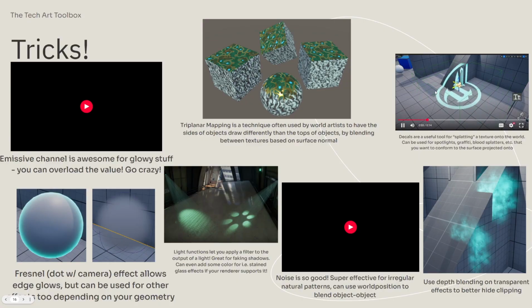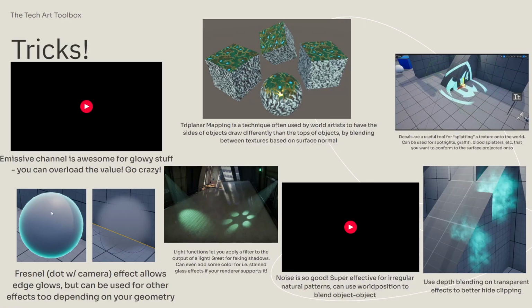This is in the materials section because you can put a material on it, but this could be on its own slide. These are great and very versatile. You can use them for graffiti, but also for fake spotlights. You can use it for blood splatters, bullet holes in walls are typically decals. Other things that you might want projected onto a surface are great for this use case.